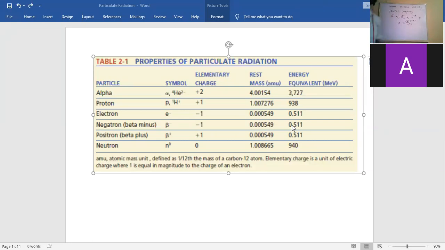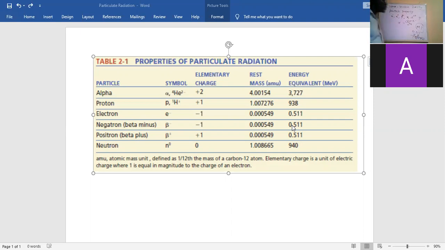For example, in PET, the energy 0.511 times 2, that is 1.022 mega electron volt of energy, has to be supplied for positron emission to take place.